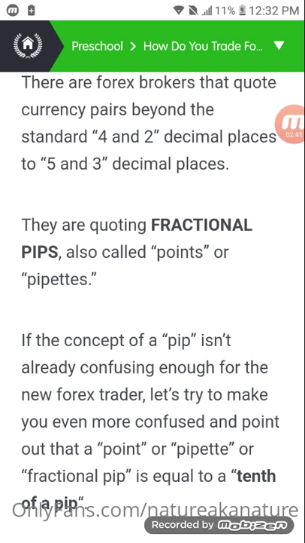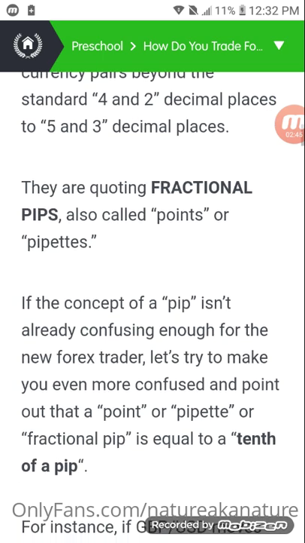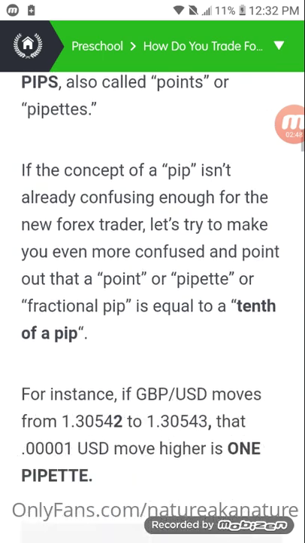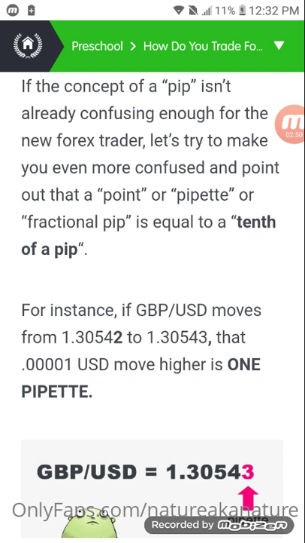A pippy really isn't that important, but I'll show you a pippy real fast.